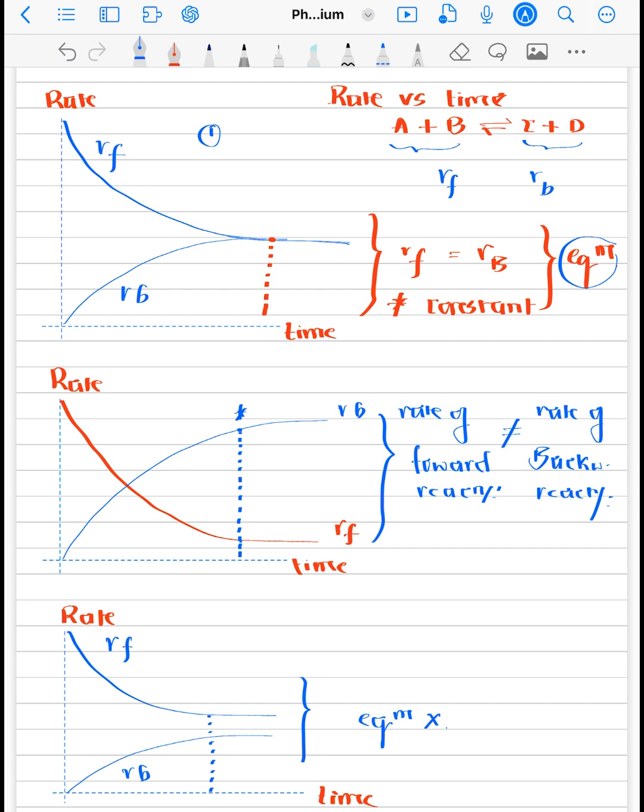So the next concept that one should understand is the law of mass action. First we'll understand what exactly the law of mass action is. We will take down the definition, then we will proceed with respect to the equations.